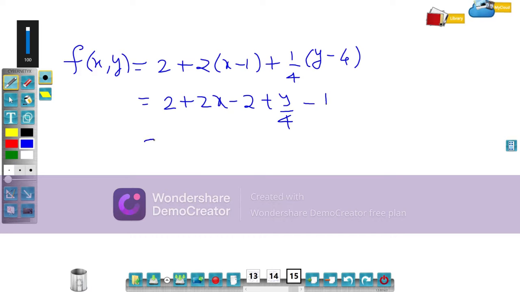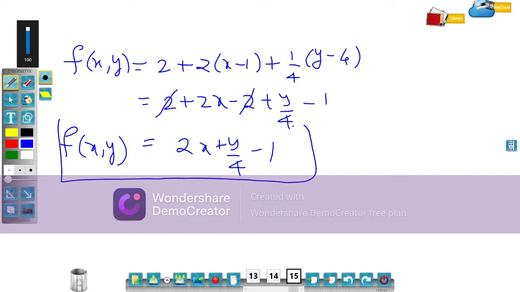So the 2 will get cancelled, and I'll have 2x plus y upon 4 minus 1. So you can see that I have approximated f by a linear polynomial.